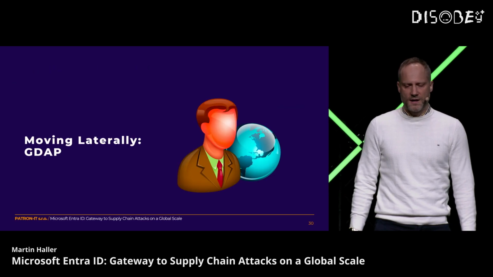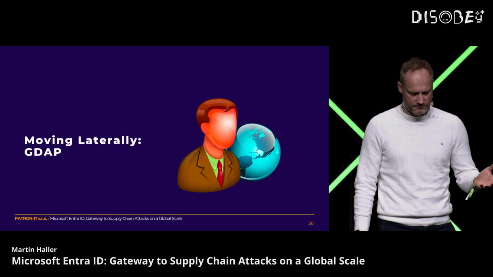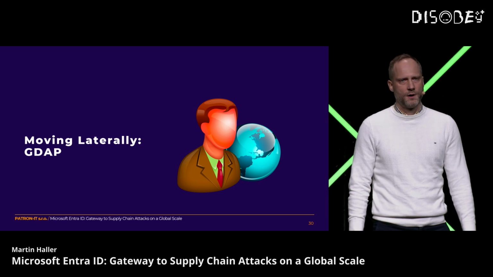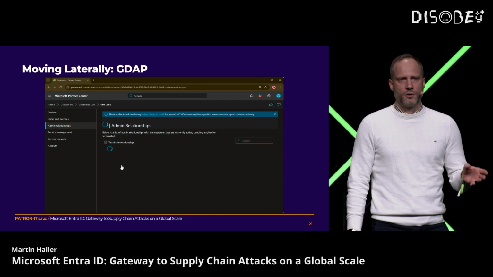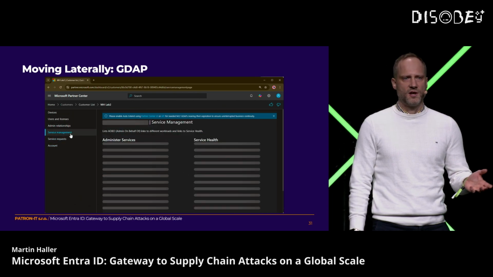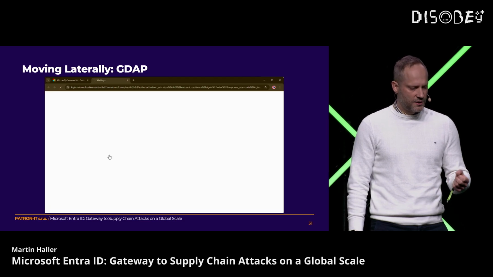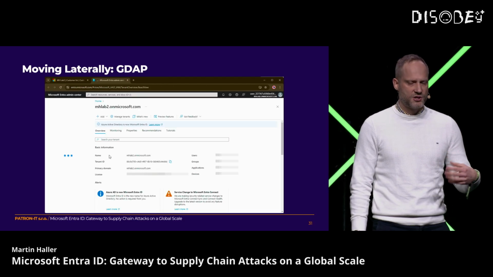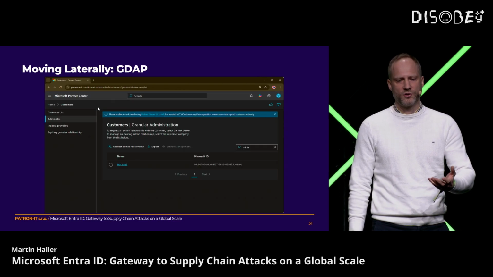And the last technology which can be misused is GDAP. The thing is that GDAP is not well known because only Microsoft partners, CSP partners, have access to it. It's a technology which allows us to manage our customers without needing to create guest accounts in those tenants.